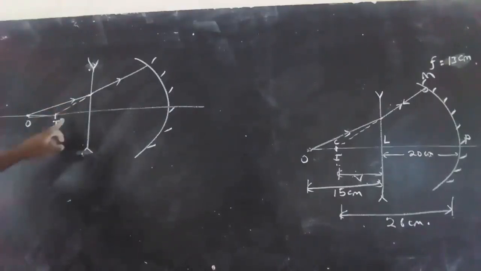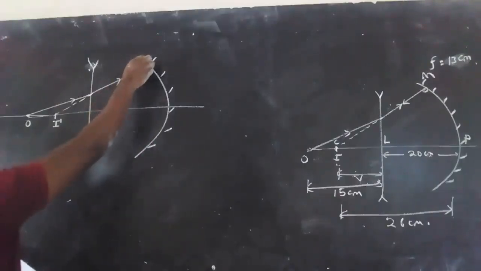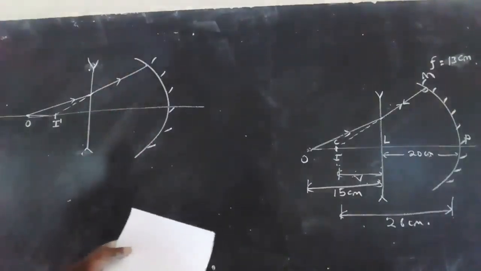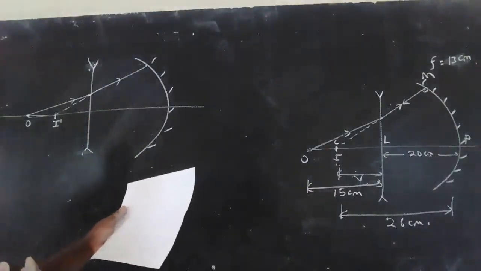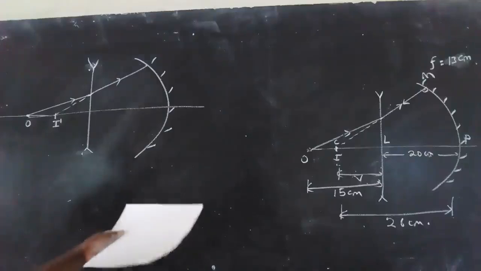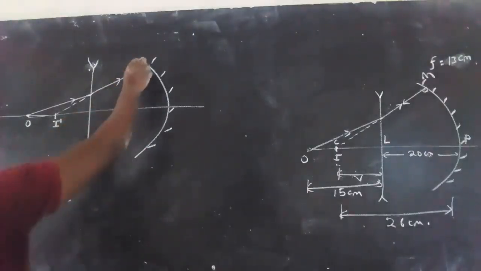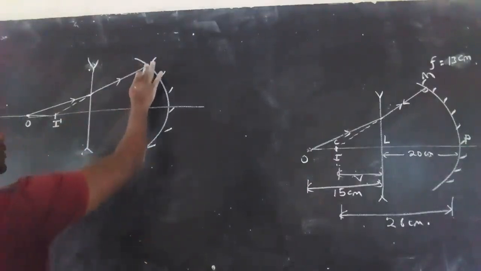Now, this first image will act as an object for the mirror, and the mirror is going to reflect. The image does not coincide with the object in this question, so the ray is not reflected back along the same path, implying that it is not normal.